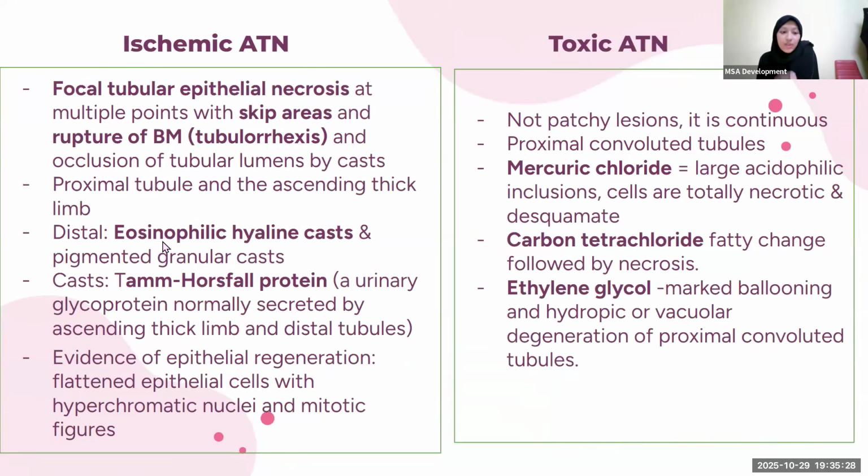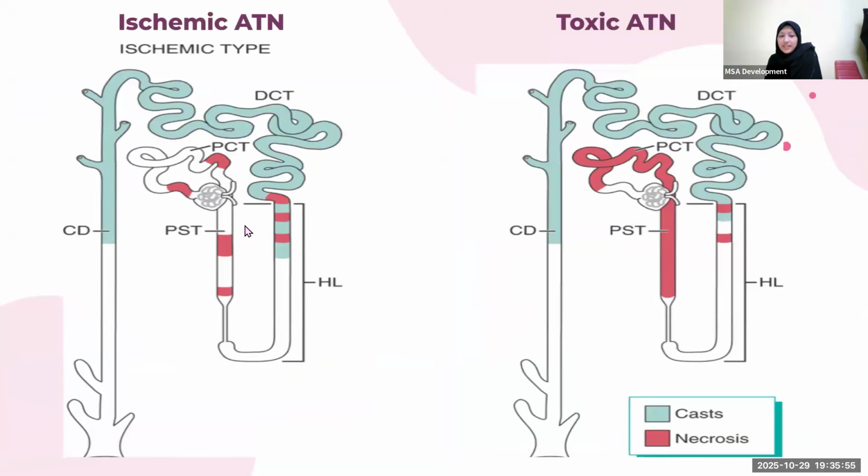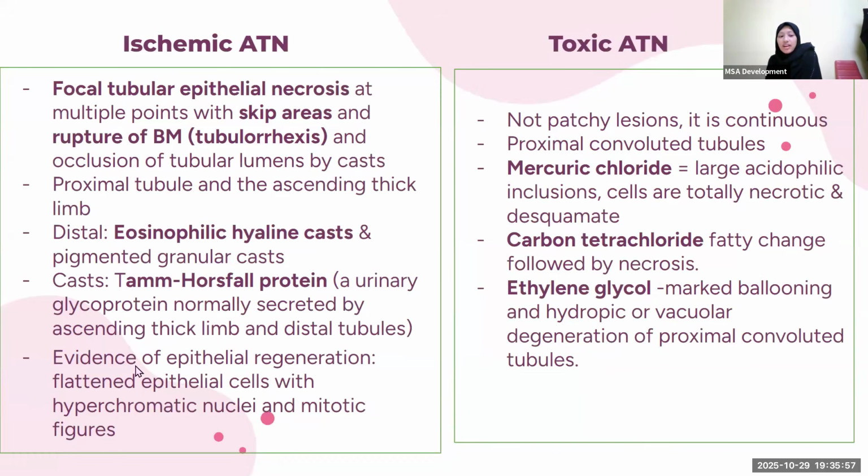This is again specific. Why? Because if you see eosinophilic, that means that this is under the ischemia, like necrosis. In the cast itself, there is something called Tamm-Horsfall protein. It is a protein produced or secreted by the ascending thick limb and the tubules, but you would see that cast, especially now, because of the damage that is happening here in the tubules.